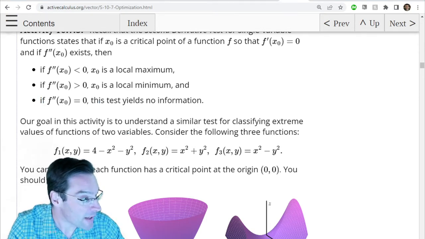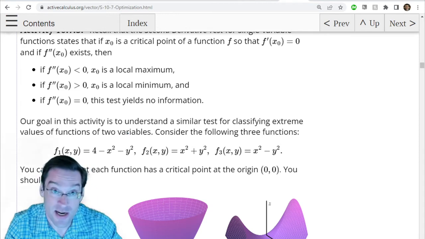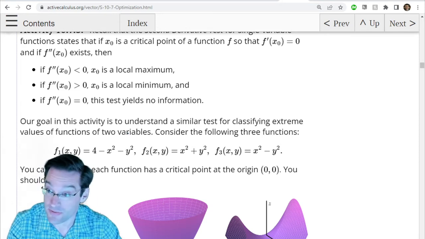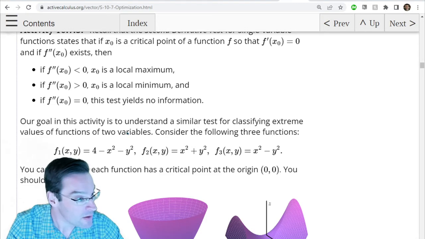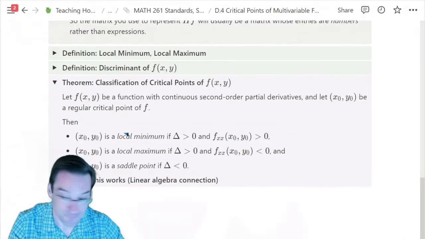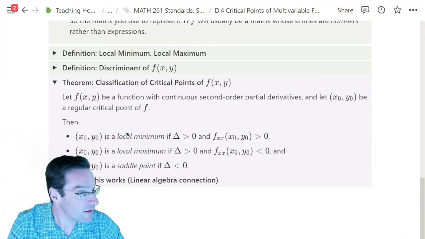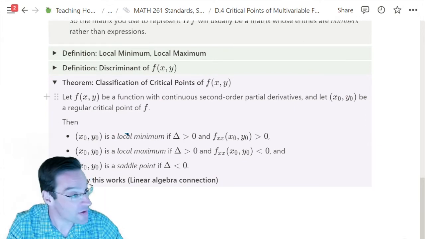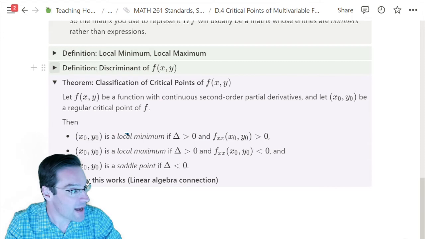And so regular critical points are the ones that the first and second derivative alone are sufficient to classify as max, min, or neither. So just as a recap to how this all works, we can classify a critical point of a function of two variables by looking at its discriminant.